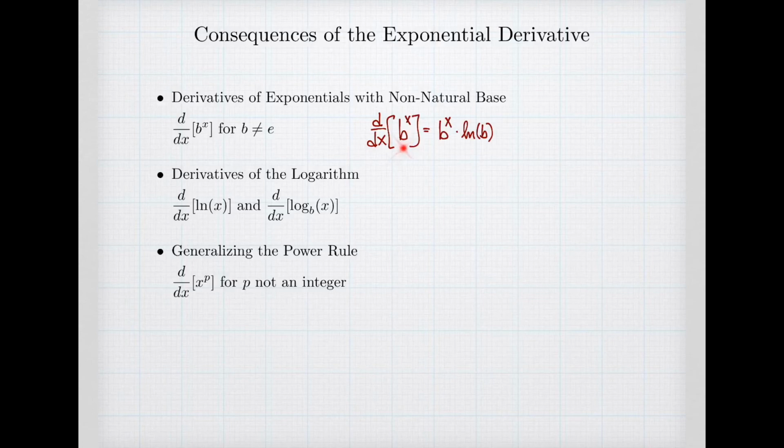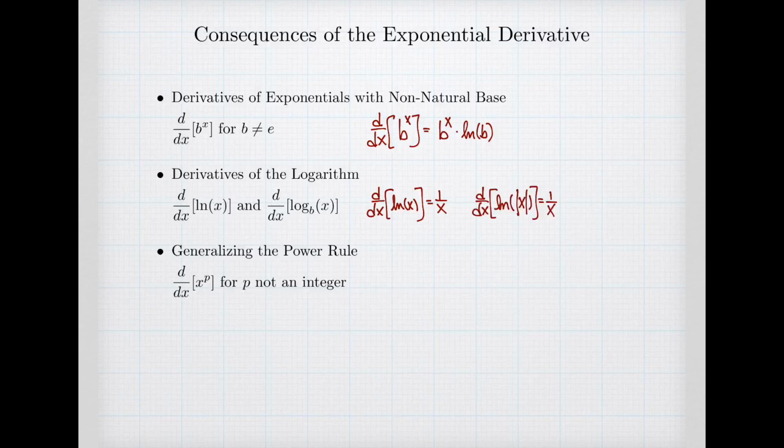And when the base is e, because the logarithm of e is 1, I get back e to the x. Next, we found that when I take a derivative of the natural logarithm, I get 1 over x. We learned this generalized a little bit further, that I could take the absolute value of x and put it in the logarithm, and I get the same derivative.